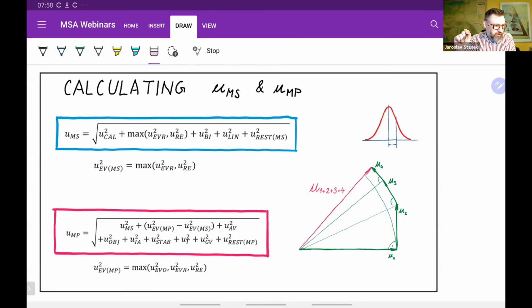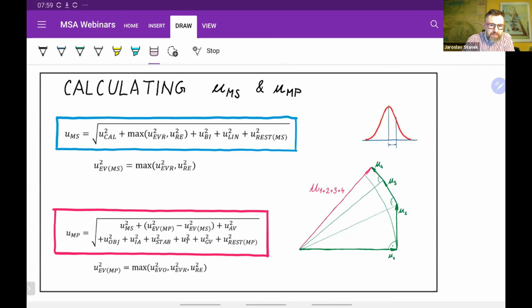There is one exception, the equipment variation, which takes a maximum value from a few of the uncertainties before. But other than that, it is always a sum of squares and then a square root. Even with this maximum, there is one uncertainty which is a square, so this rule is not violated.